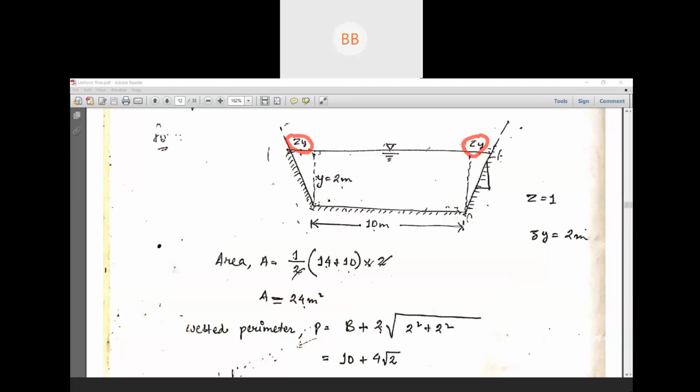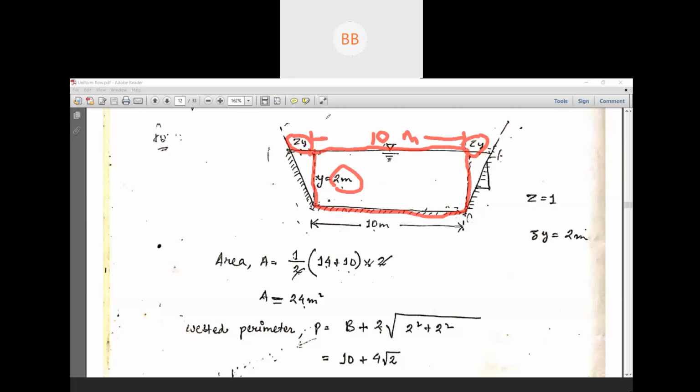One parallel side is 10 meter. Second one is, this is 10 meter, the middle portion. If you see, this portion is our rectangular. That is why we have considered this as 10 meter. Y value is given 2 meter, Z is equal to 1. So this is 2 meter and this is 2 meter.